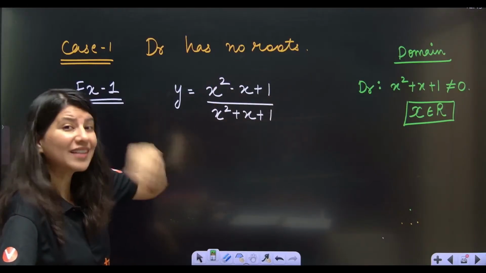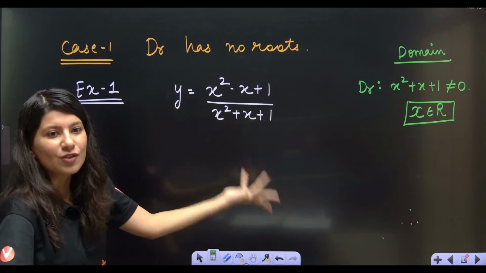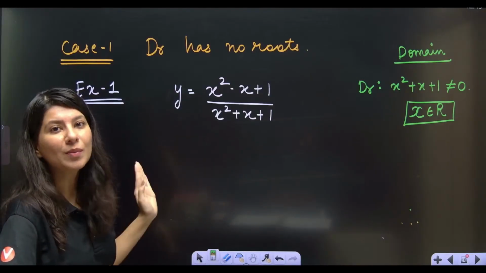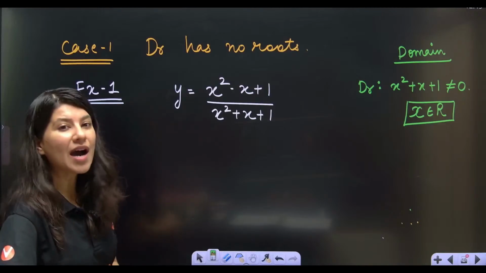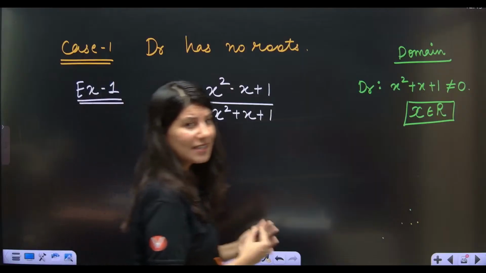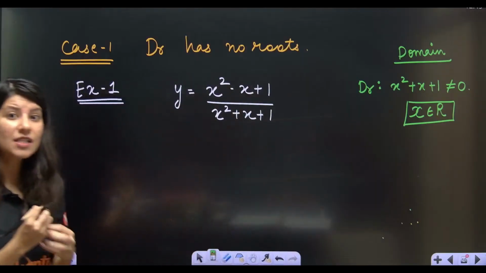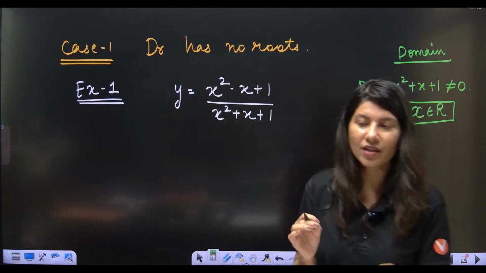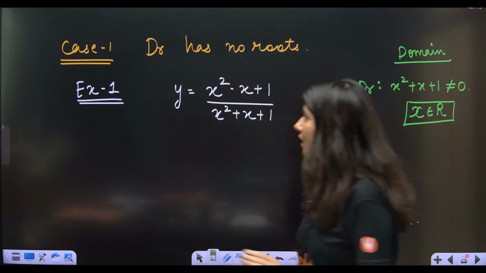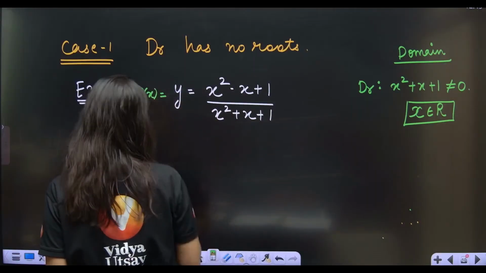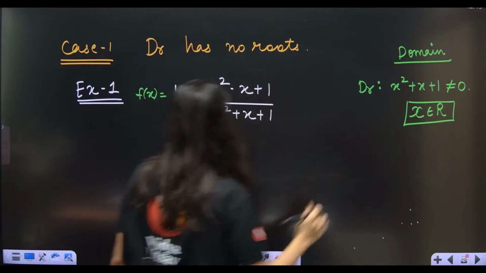And that can never be 0 already. So no need to remove any x from minus infinity to plus infinity. So x belongs to R will be the domain. I think domain is sorted for this particular case. Now range. There is a process to find the range of this particular function. Let us understand that process.